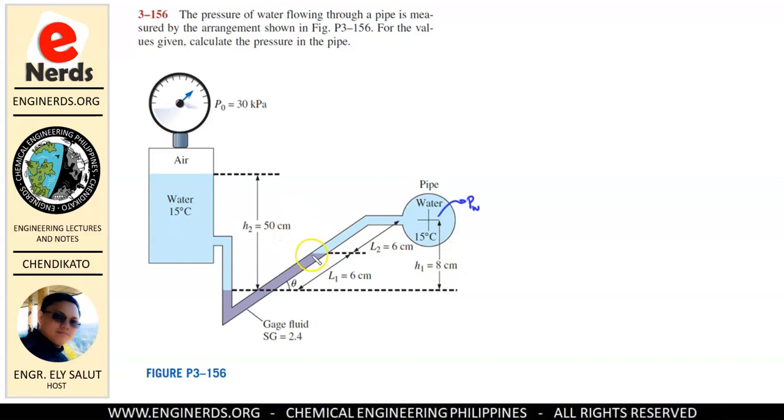So we do not know what is the vertical distance coming from this point up to this point, or from this point up to our pipe. Okay, so let me name this as our P1, so we will not get confused. So this level is P1, so that means this is also P1, right? Because our pressure coming from here up to this point will be equal to our pressure from here up to this point.